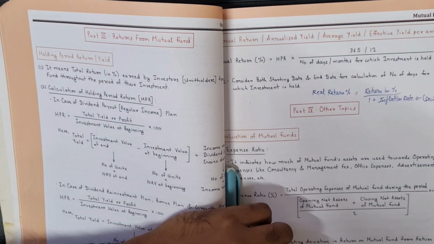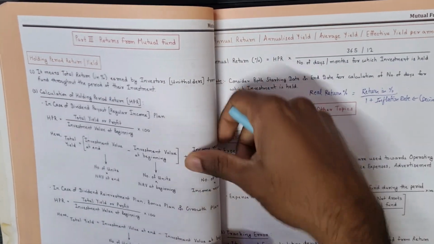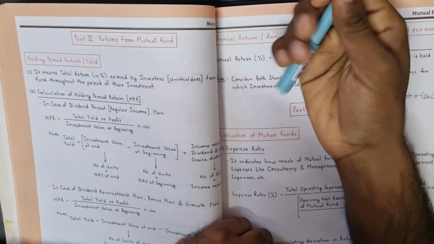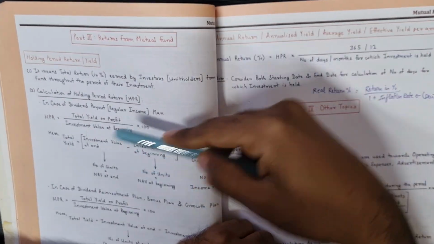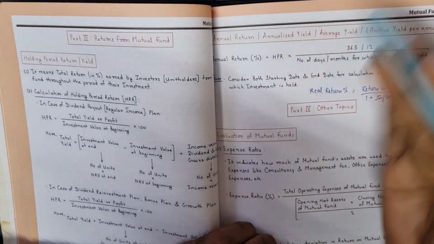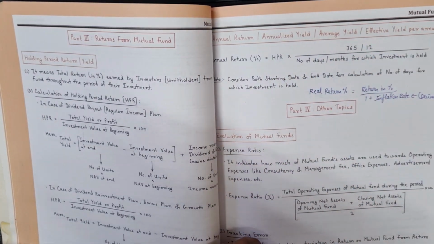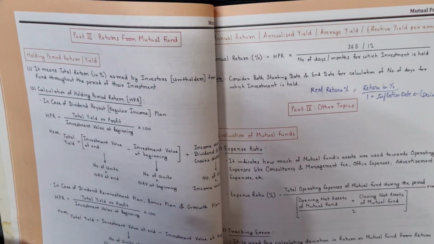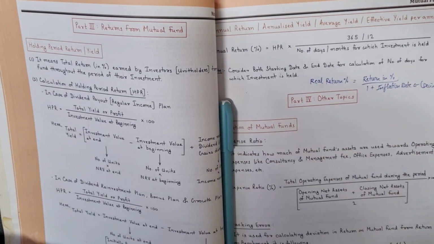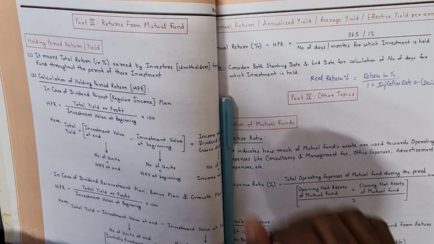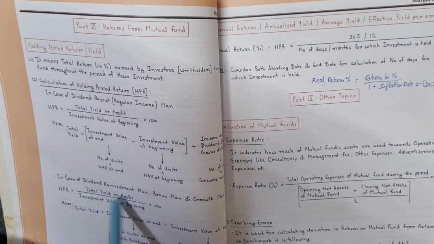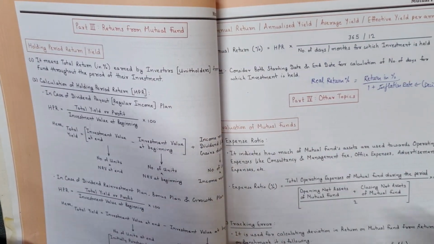In case of dividend reinvestment plan, bonus plan and growth plan, what do we do? This was the dividend payout plan, that is the regular plan. In case of dividend reinvestment, how do we calculate it? This one is very much important. Holding period return is equal to total yield or profit divided by investment value at beginning.